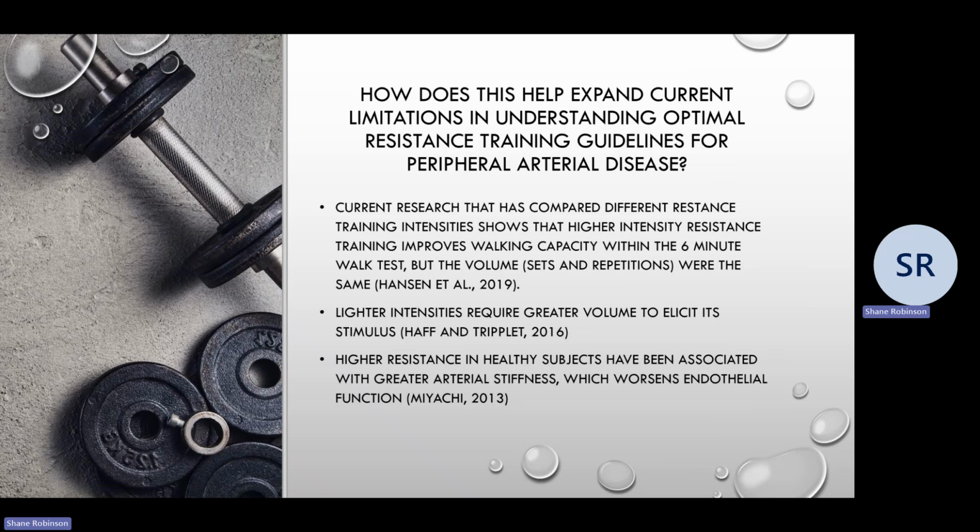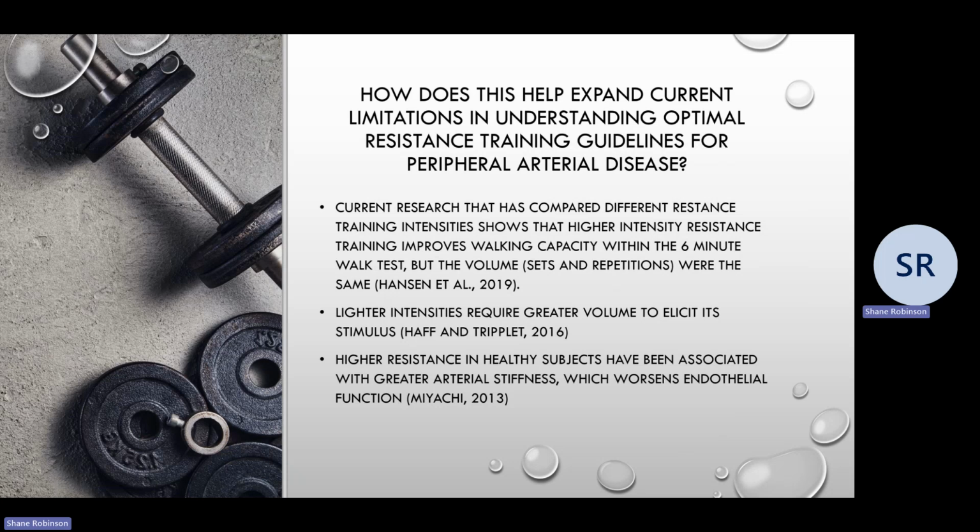A little bit further into how this helps expand my current understanding of research in this area and formulated my research question. Current research that evaluates resistance training as a therapeutic exercise component for peripheral arterial disease has compared different intensities of 1 rep max to see what was better for improving exercise tolerance.